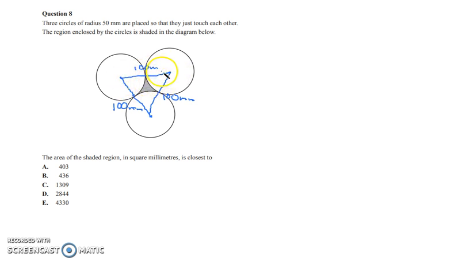Now, if we have a triangle that has all the same sides, this is called an equilateral triangle. So an equilateral triangle has 3 same sides and 3 same angles. The 3 angles inside are all 60 degrees, because 3 times 60 makes 180, the inside degrees of a triangle.